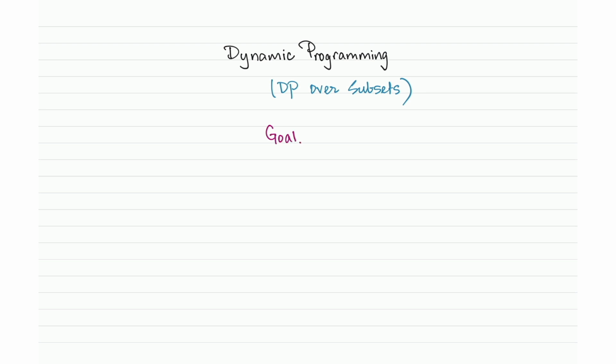So the goal is to come up with an algorithm that runs in time 2 to the n, with some polynomial overhead in n and m. So just to be clear, n is the size of the universe and m is the size of the family.